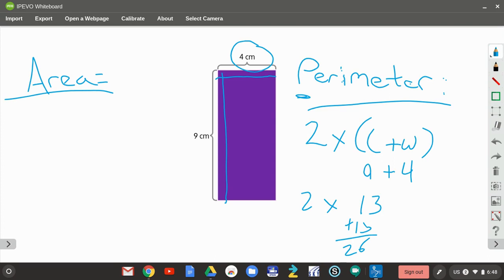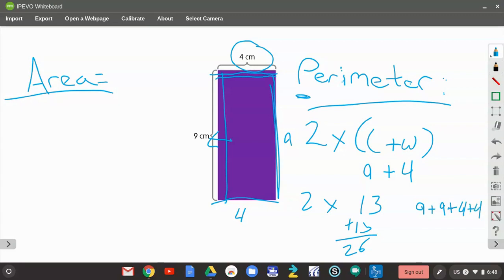Another way you could do it is you just have to make sure to label it correctly. Remember, perimeter, you're just plussing. You're adding up all the length of the outside. I know that this width is 4. This side right here is 4. What's that width down there? How long is that side? It's also 4 because it's the same. And what's the length on this side over here? If this side is 9, that side's going to be 9. So I could just add up all the sides: 9 plus 9 plus 4 plus 4.